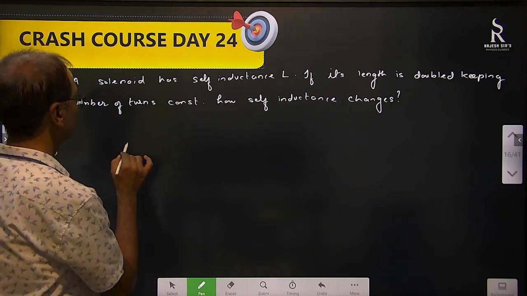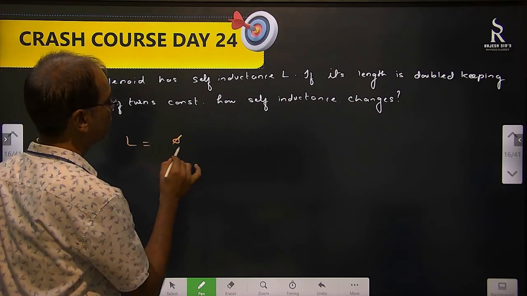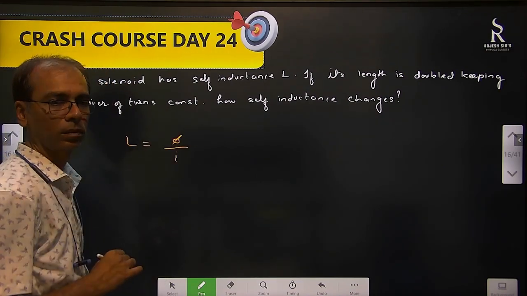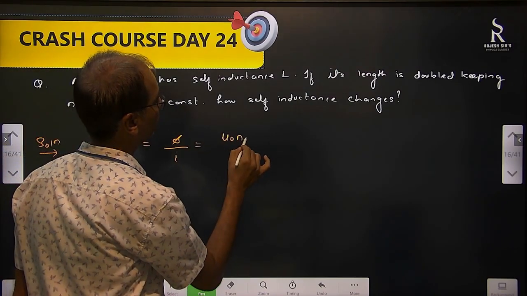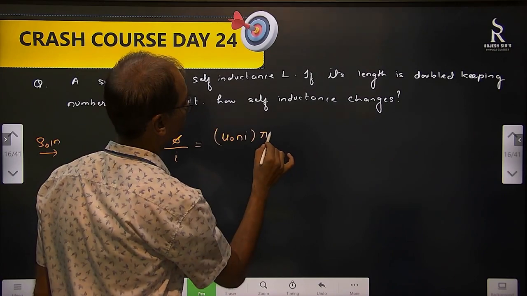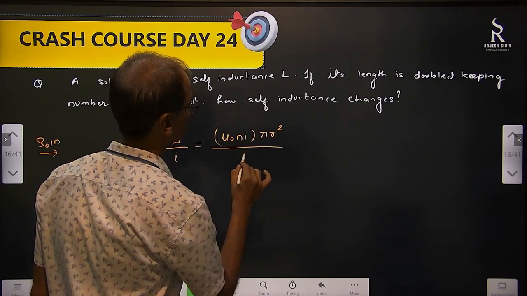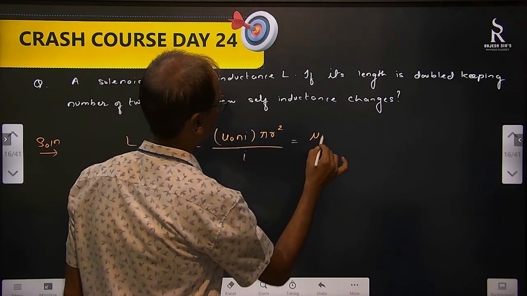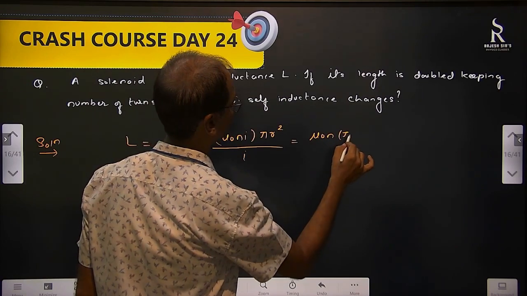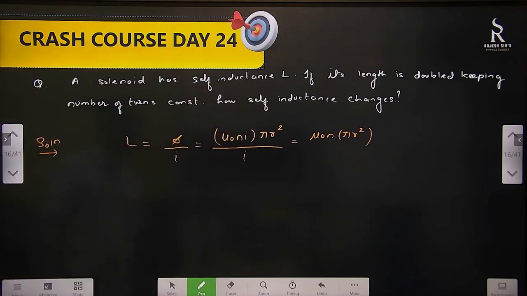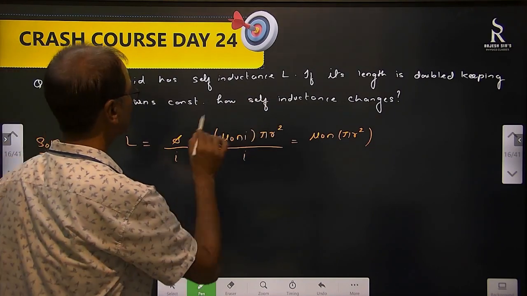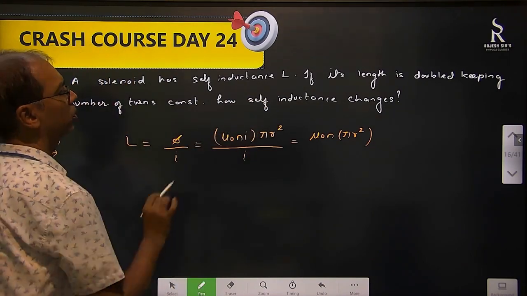L is Φ by I. What is Φ? μ naught n I into πr², divided by I. So I got it as μ naught n πr².